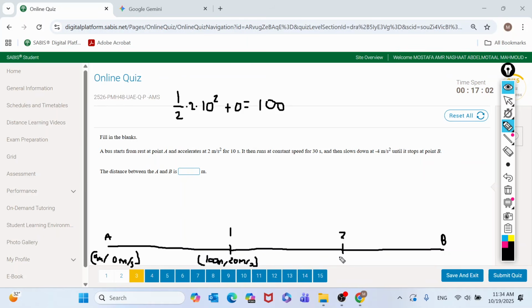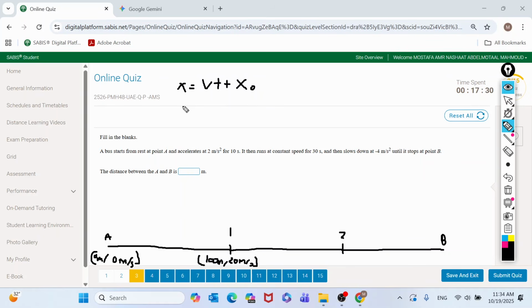Now we need to find the second part. So it then runs at a constant speed for 30 seconds. So this is easy. Constant speed, so URM. The formula is gonna be x equals vt plus x0.